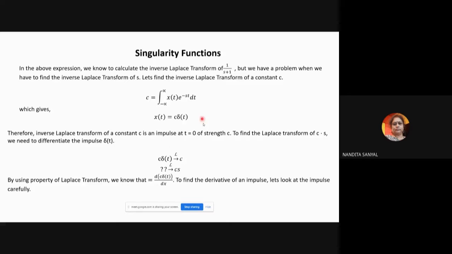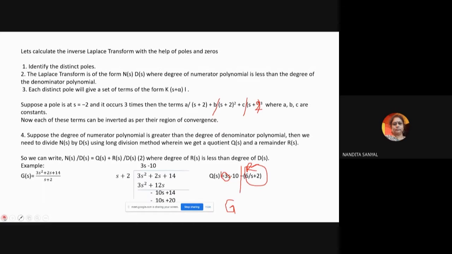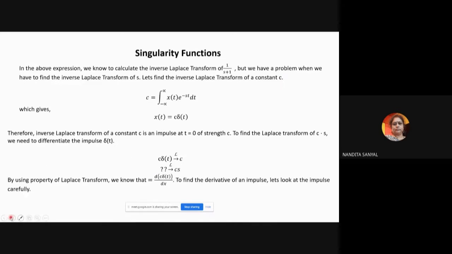Similarly, for 10 in our previous example, we can write 10 delta t as the inverse Laplace transform.